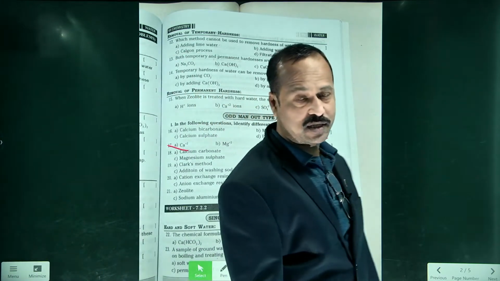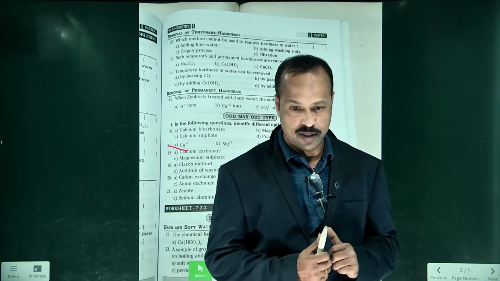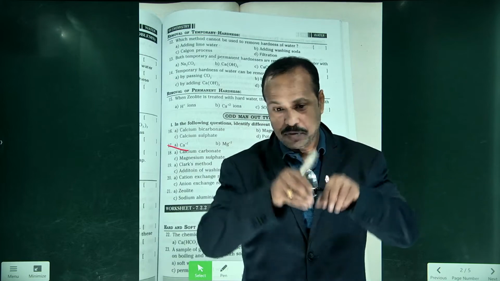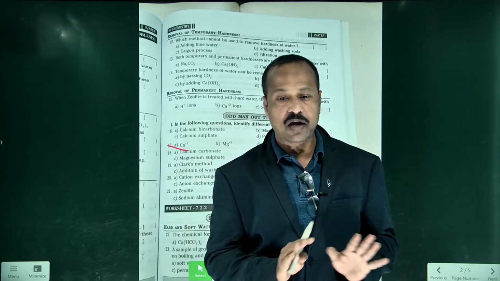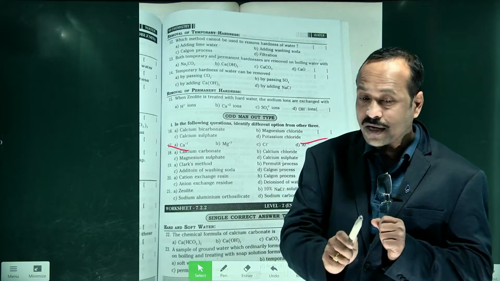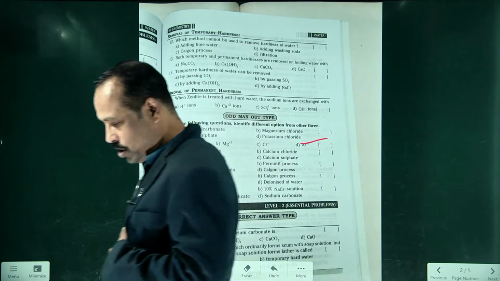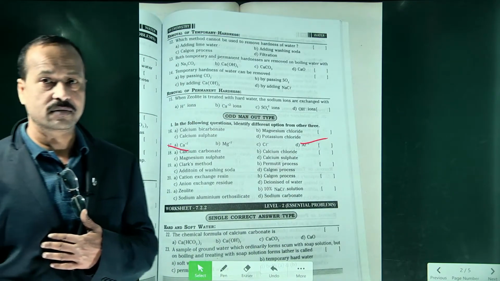If we have hard water, we want to make it pure, drinking water. Because hard water means some salts are present inside. Now we want to make it drinking water. So which method is not applicable here? Which method cannot be used to remove the hardness of water?